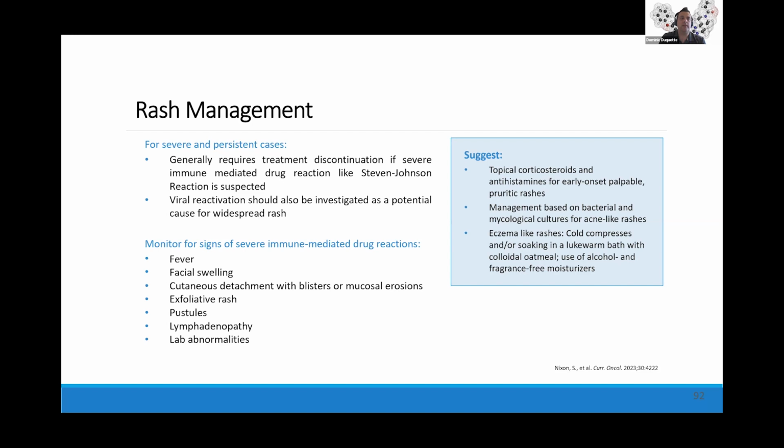It was reported in a few cases, but if it's a severe reaction, you need to be worried about that. For the smaller ones, topical corticosteroids and antihistamines can be used and usually work very well.